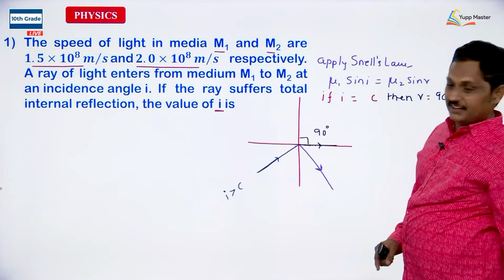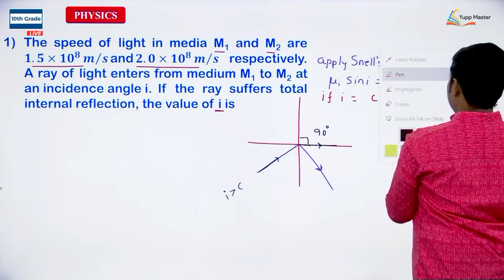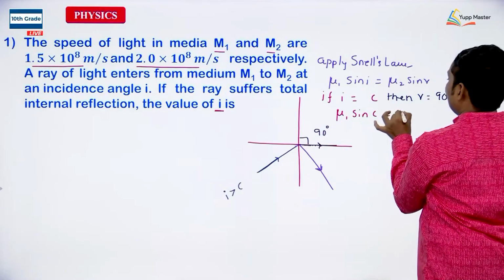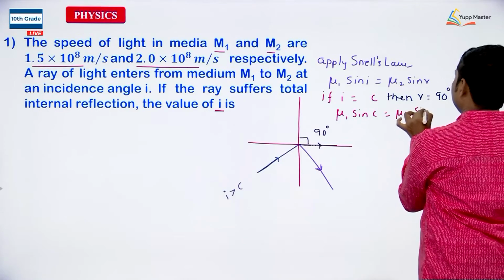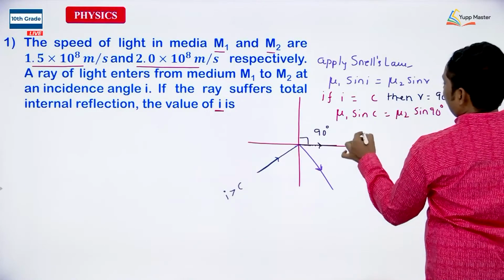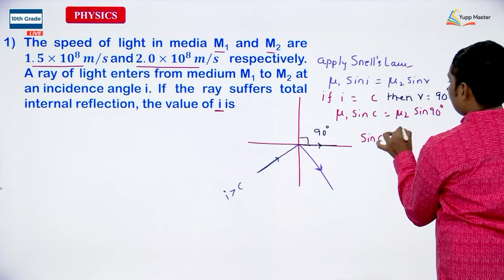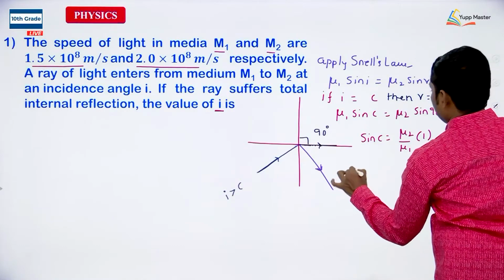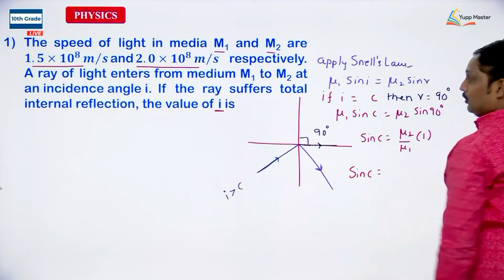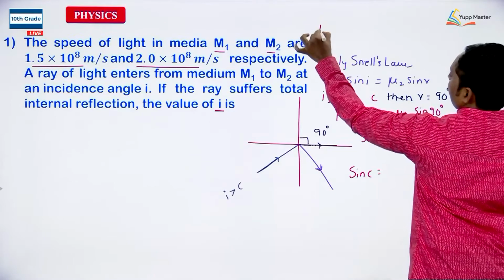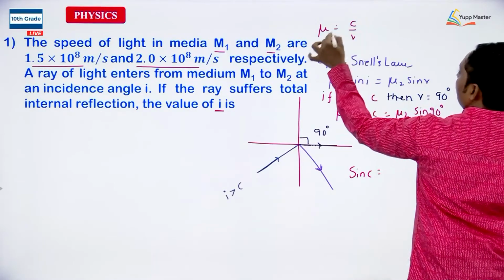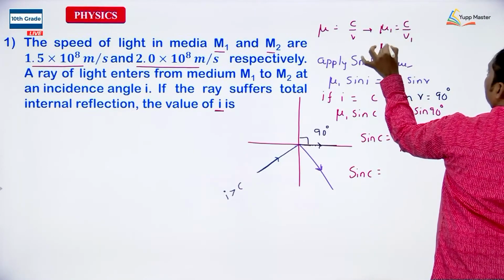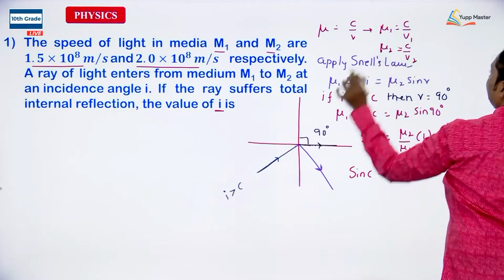So, you can write mu 1 sin C is equal to mu 2 sin 90 degrees. Therefore, sin C is equal to mu 2 by mu 1 into 1. Now, what about mu 2? Just you have to know that mu is equal to C by V. That implies mu 1 is equal to C by V1, mu 2 is equal to C by V2.